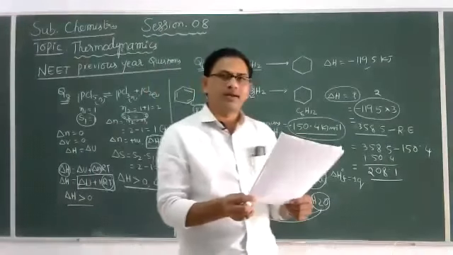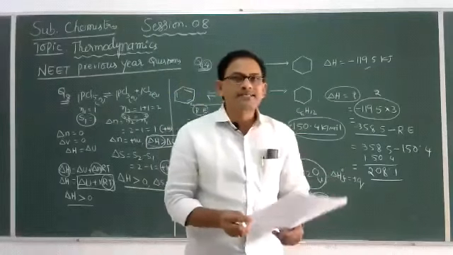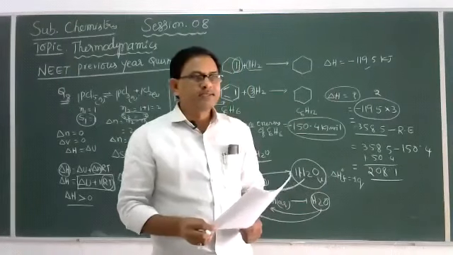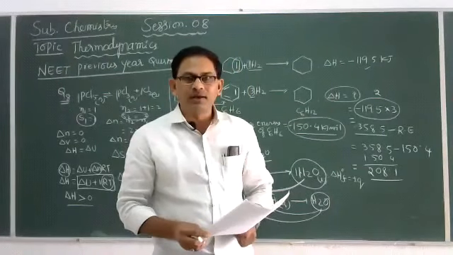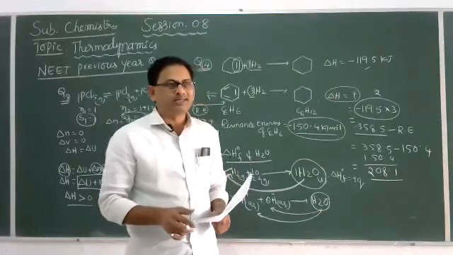Next, the ninth question, already explained anyhow. Which of the following are not state functions? A state function means one which depends only on the initial and final state, but not on the path followed by the system.